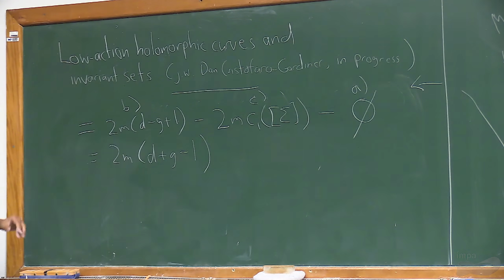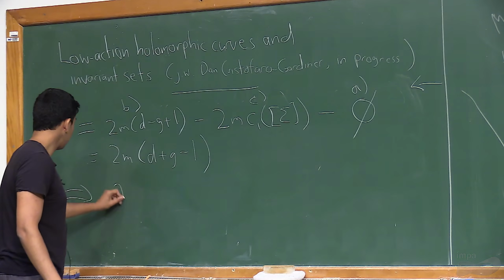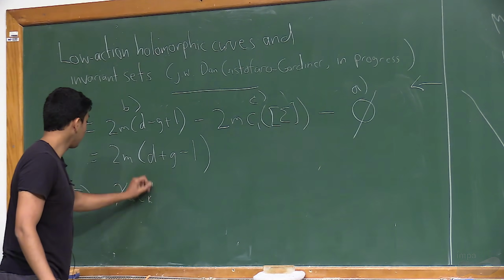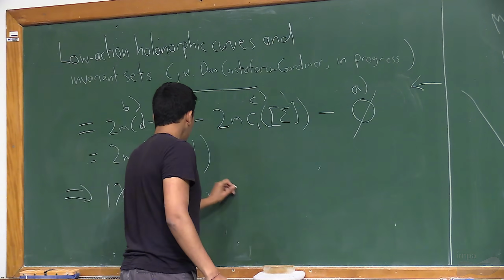Okay? And then what this tells us is that the Euler characteristic of C sub k has to be bounded above by 2 with a positive probability.